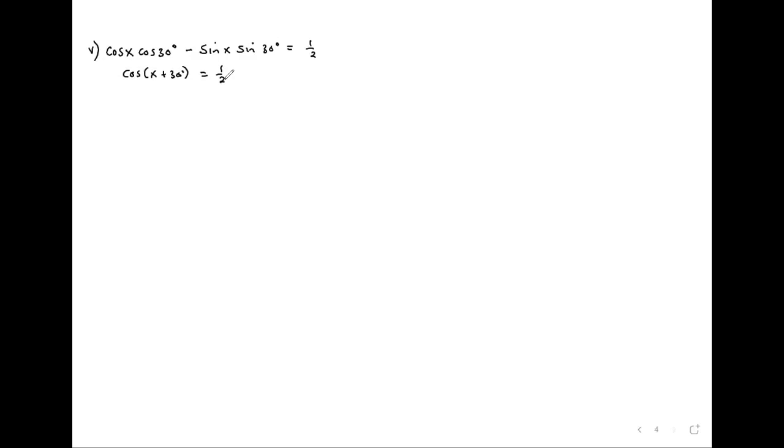That's how we expand cos. Is that okay? Yes. Because we know that if it was A plus B, we would have said cos A cos B minus sine A sine B. So our A is x, our B is 30.